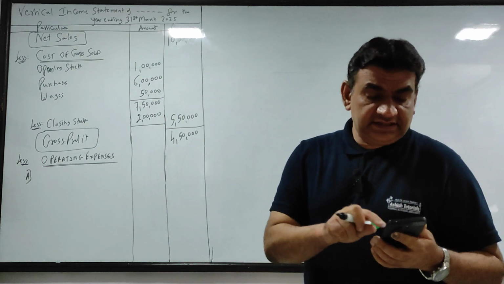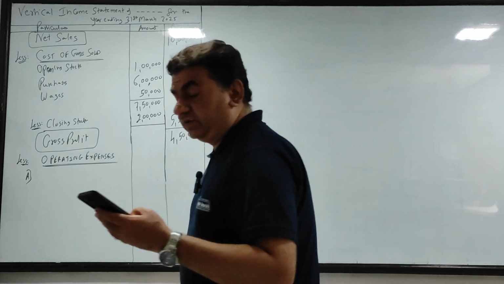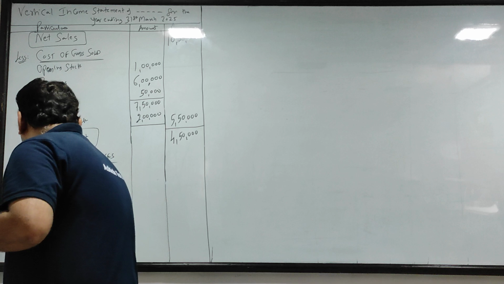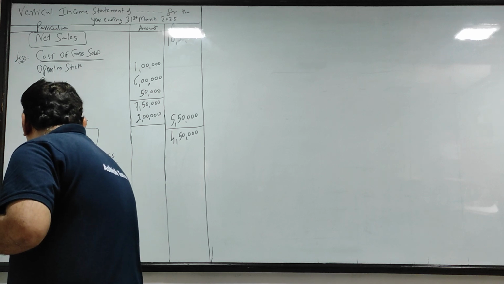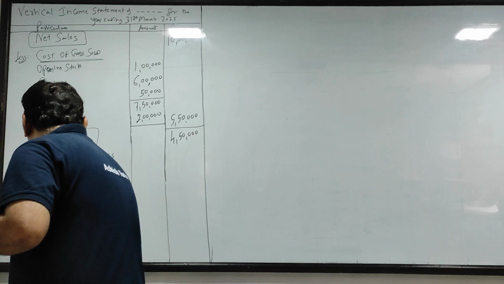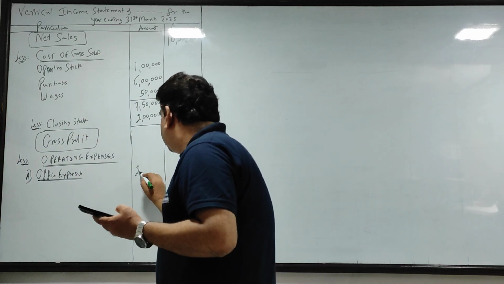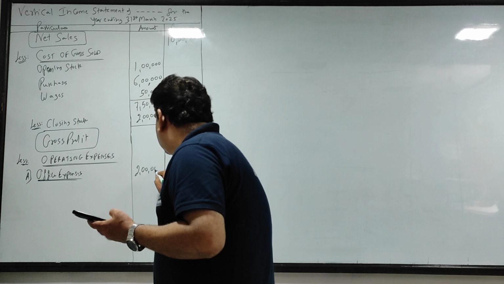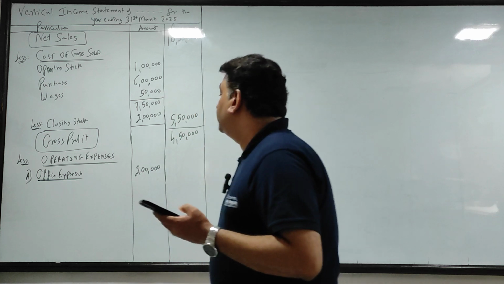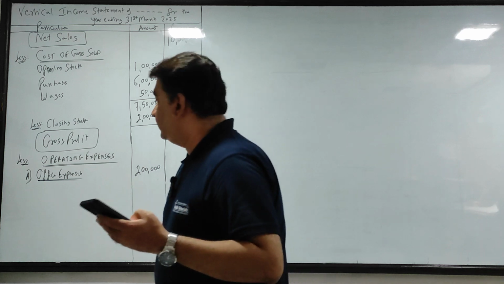We discussed. देखो तीनों का अमाउंट स्ट्रेट अवे दिया है, so let's put all of them one below the other. A, office expenses, फर्स्ट कॉलम में 2 lakhs.